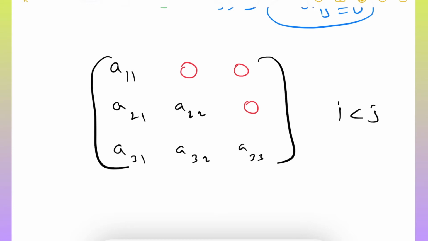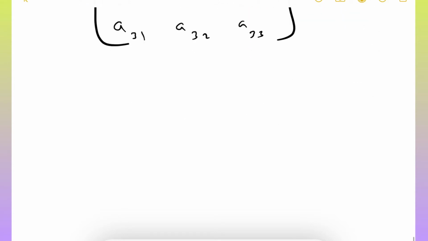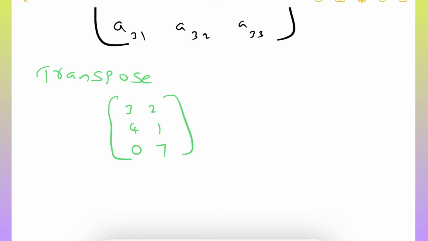Okay, next we need to know what a transpose is. What is the transpose of a matrix? For example, we have a matrix 3, 2, 4, 1, 0, 7. This matrix I am representing with A. Then the transpose will be represented with A dash. Simply, in the given matrix, this is the first column.